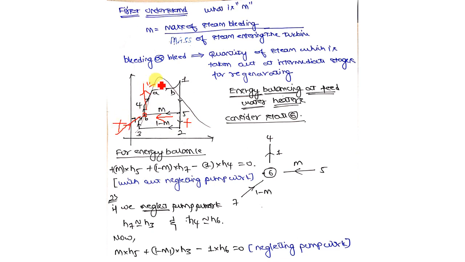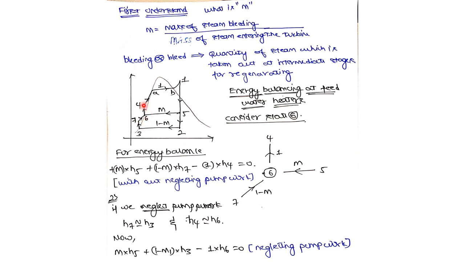Okay, so that is the concept, guys. Now, for the energy balance at state 6, incoming is this particular thing. The mass flow rate is m into H5, which is positive. One more thing: 1 minus m is coming here through 7. So it is (1 minus m) into H7, which is positive again because it is incoming. And the other one is H4.